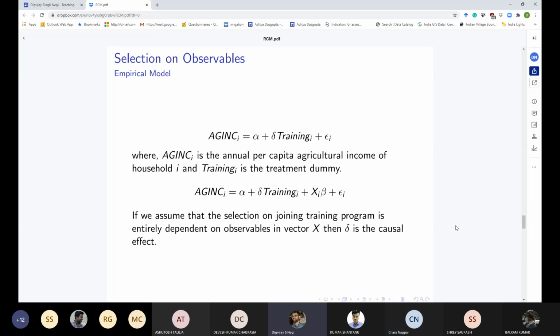I do it this way because I am writing it in vector form. This x_i is a vector and beta is also a vector. So it's beta times x_i, where x_i would have x1, x2, x3, x4 and beta would have beta 1, beta 2, beta 3, beta 4. It's a product.